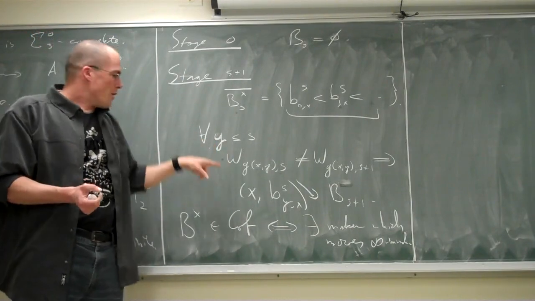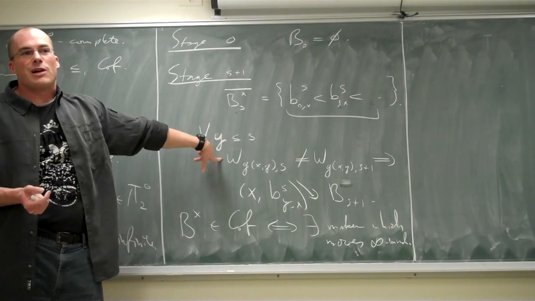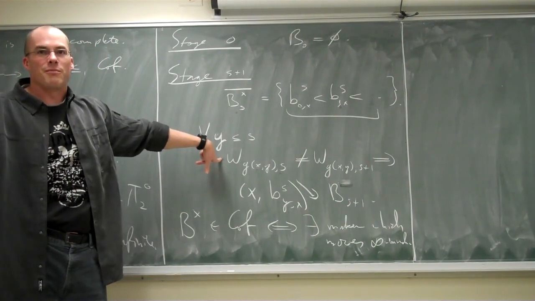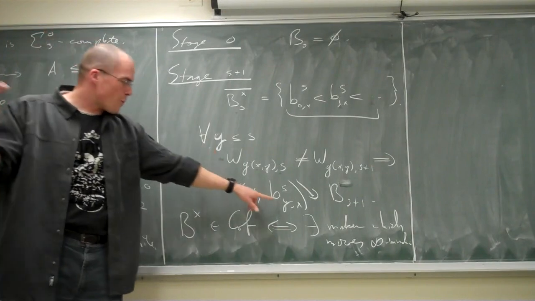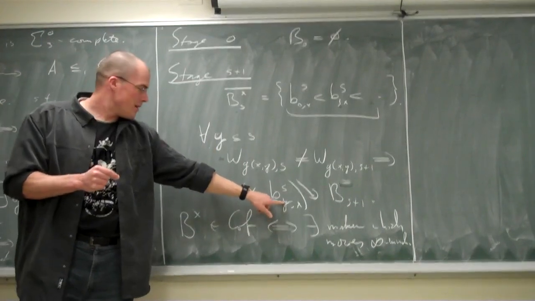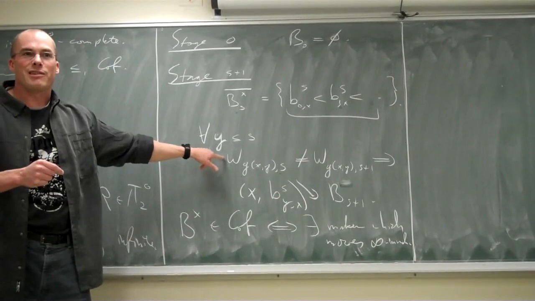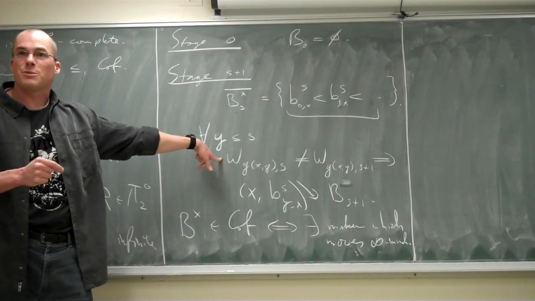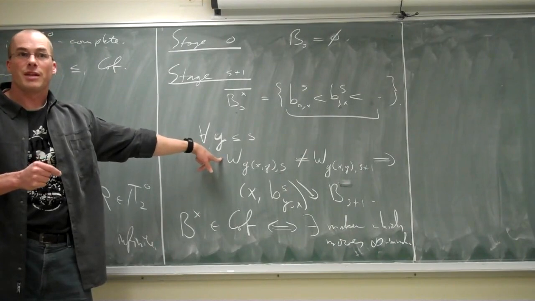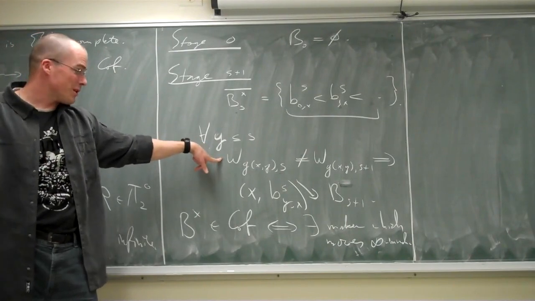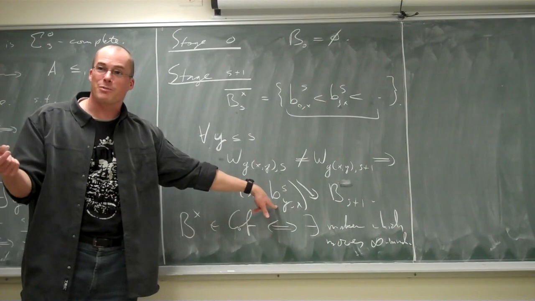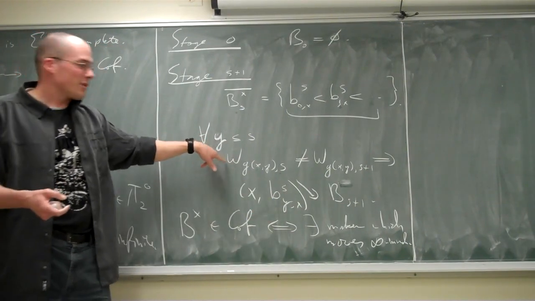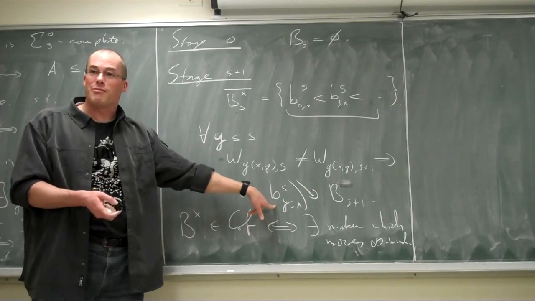It says exactly, when you notice that there is a new element in W_g(x,y), you move the corresponding marker once. So the yth marker moves infinitely many times if W_g(x,y) is infinite. If it's infinite, infinitely often you see a new element, infinitely often the yth marker moves. So W_g(x,y) being infinite means the corresponding marker moves infinitely much.